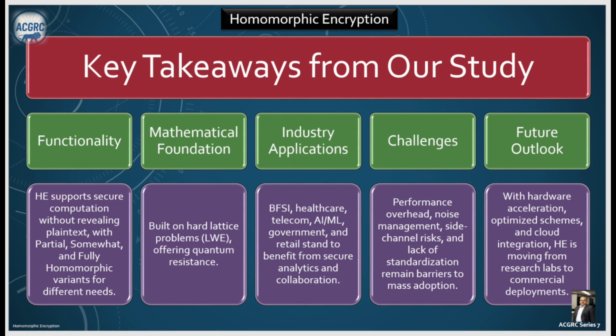From an industry perspective, BFSI, healthcare, telecom, AI/ML, government, and retail stand to benefit from secure analytics and collaboration. Well, there are challenges, whether it's performance overhead, noise management, side channel risk, and lack of standardization. These remain barriers to mass adoption at this point of time. From a future outlook perspective, with hardware acceleration, optimized schemes, and cloud integration, homomorphic encryption is moving from research labs to commercial deployments.